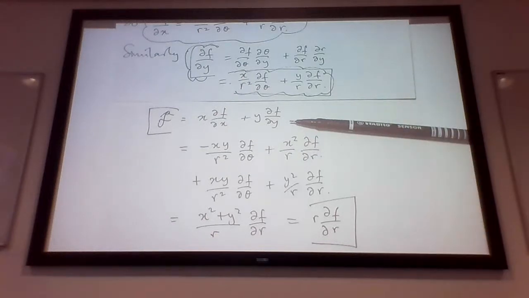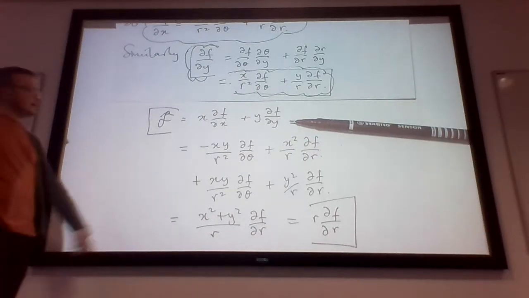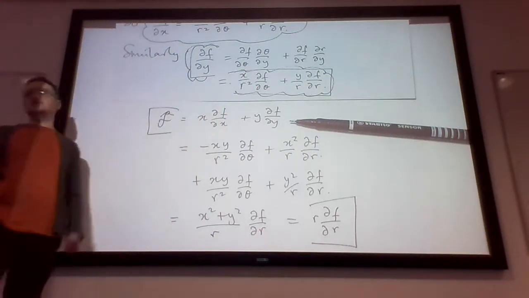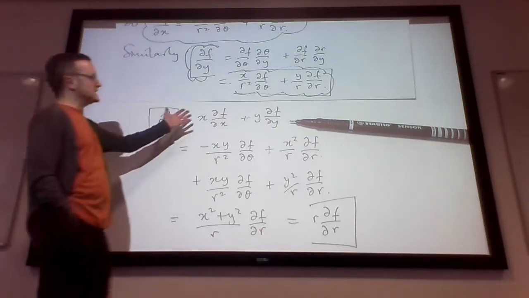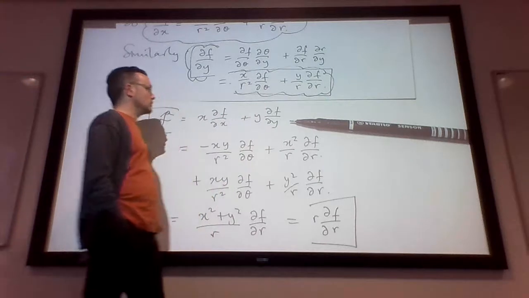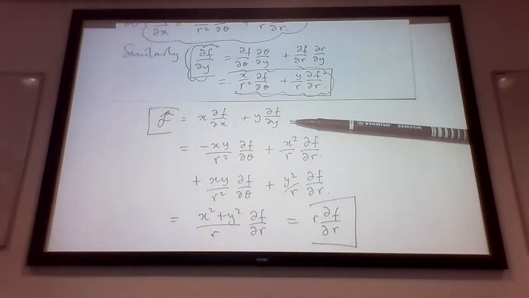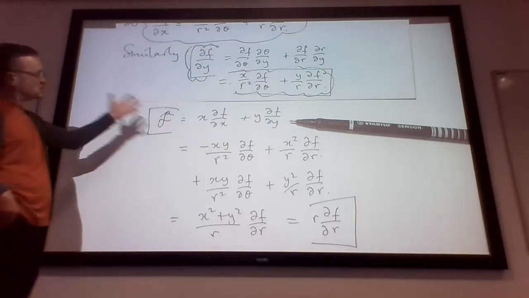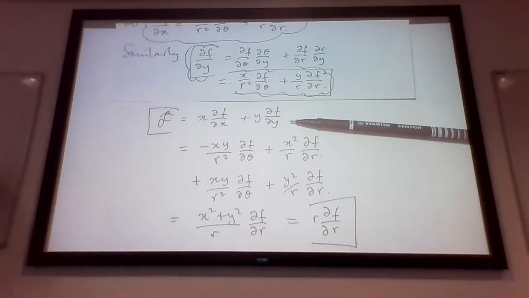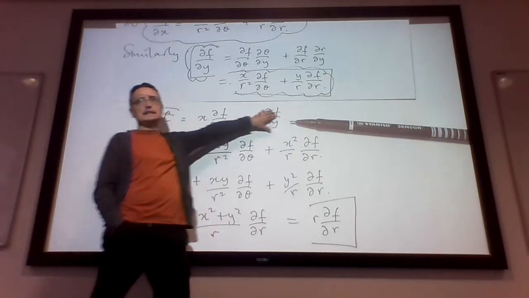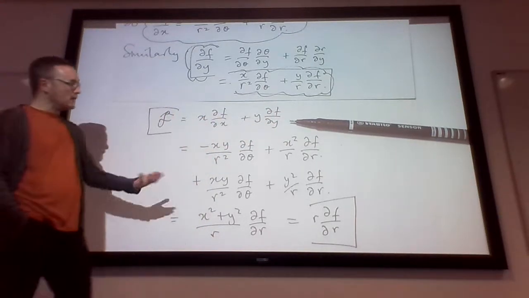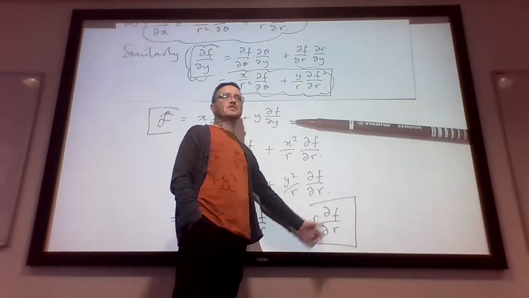So this combination might appear in a differential equation describing some kind of system where you're interested in the quantity f and how it's originally conceived as depending on the Cartesian coordinates x and y. But this procedure shows you how the chain rule equations can be used to translate the same quantity, now expressed in terms of a new system of coordinates.